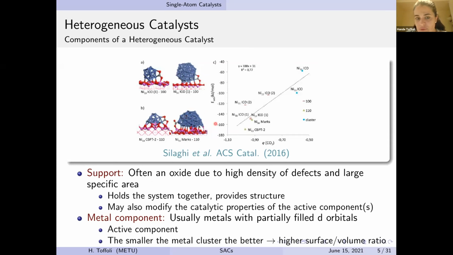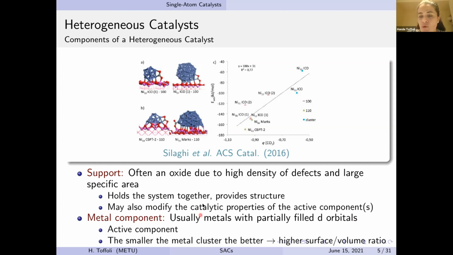So the supports that we are going to look into today are oxides. Oxides are preferable because they usually offer an open surface, and defects can be easily introduced into the system. The metal component, on the other hand, is usually some sort of metal with partially filled d orbitals.